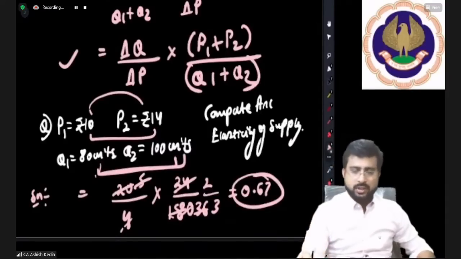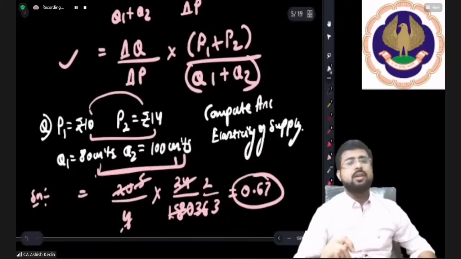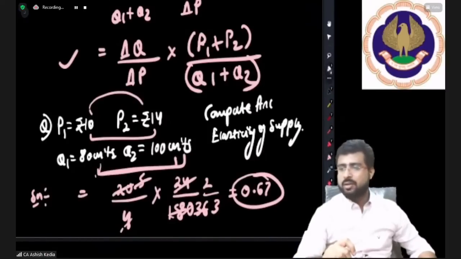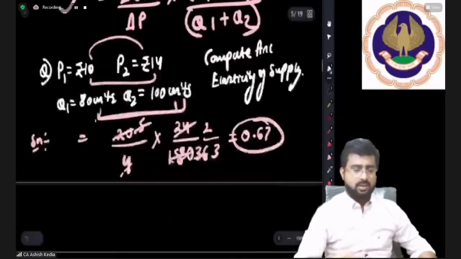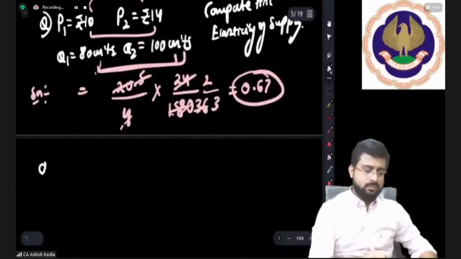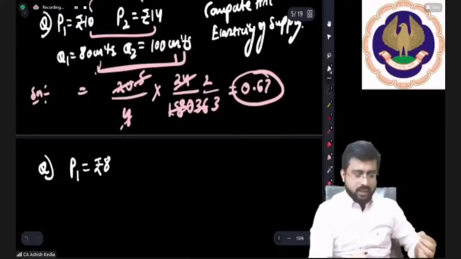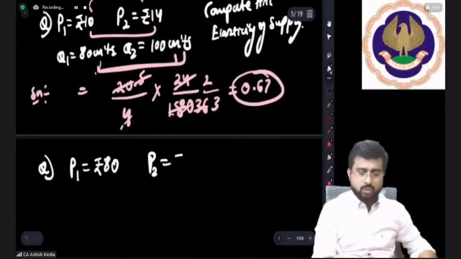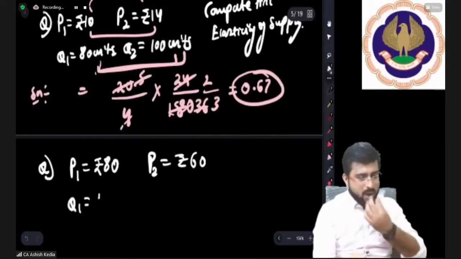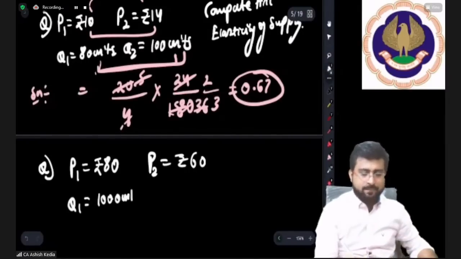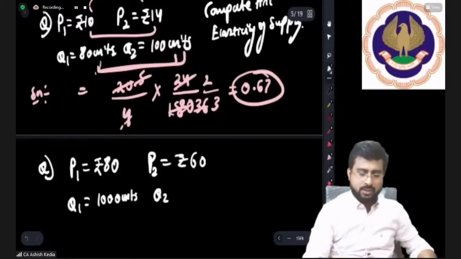Let's give you another question for arc elasticity. Moving on. Question is, the price is 80 rupees. Now the price is reduced to 60 rupees. Quantity was originally 1000 units. Now the quantity has reduced to 900 units.